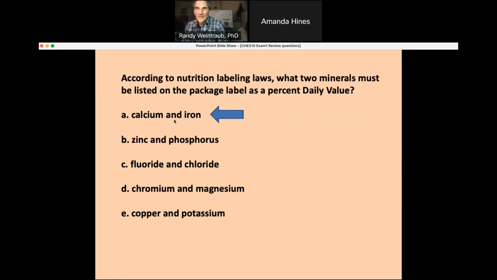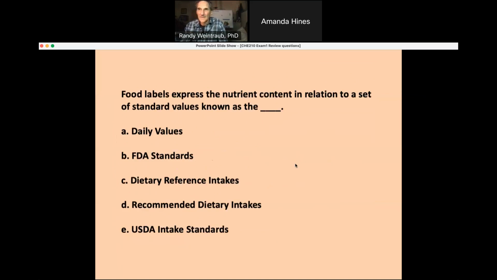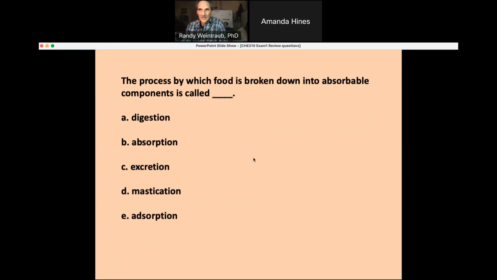These are more often nutrients of concern, so that's why they're put on a label. What do food labels express nutrient content as? And that's percent daily values. That's the easiest for us to understand. We're quickly looking at a nutrition label on a food product.